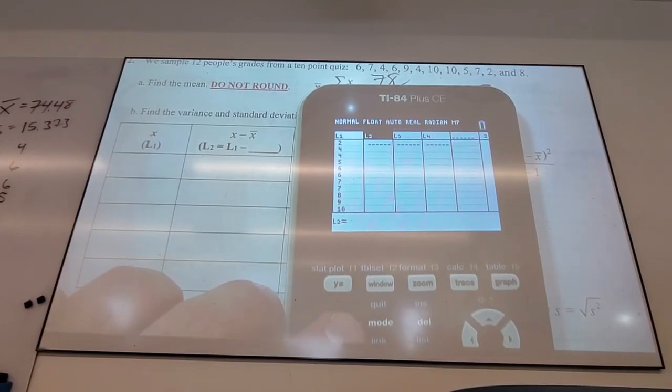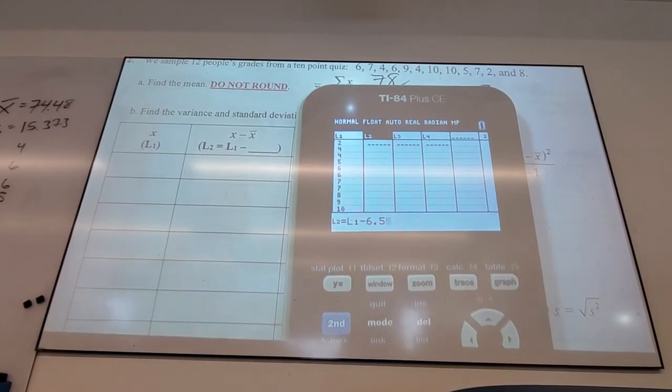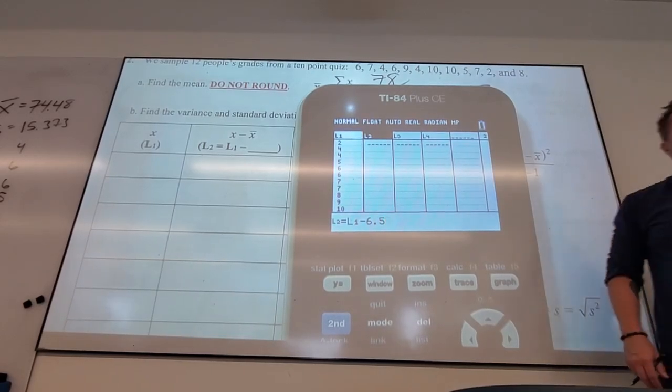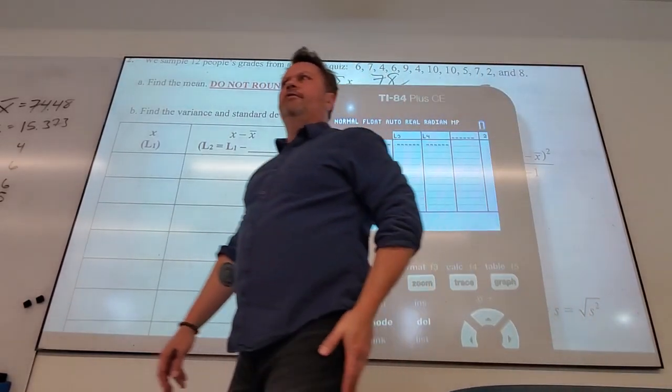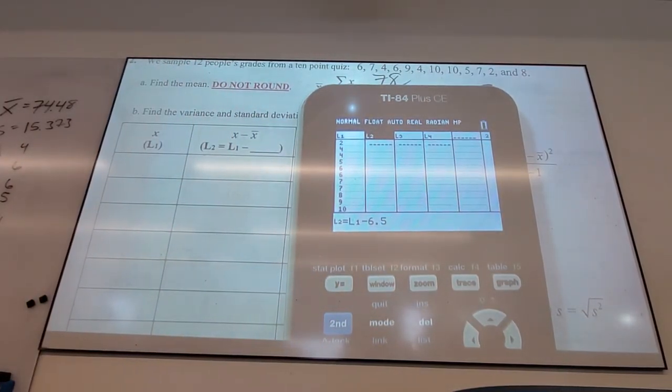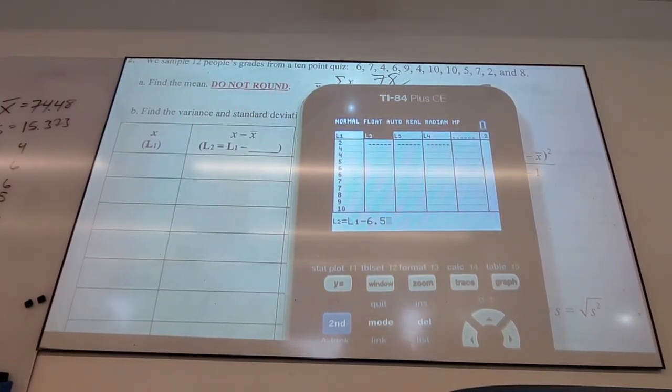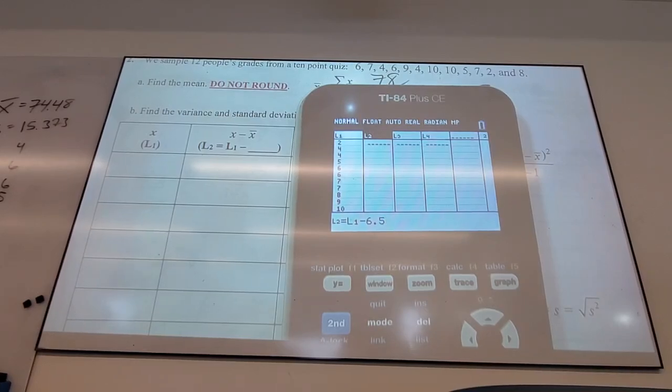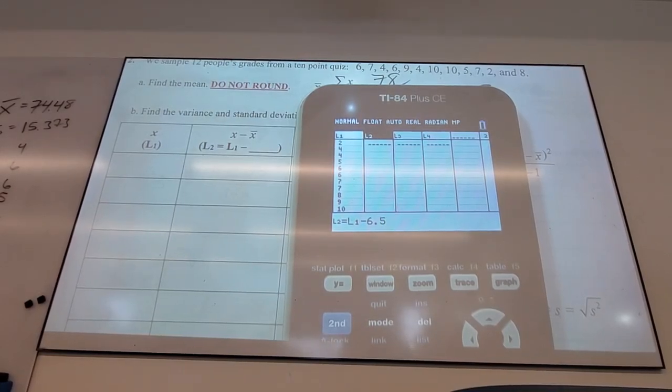I want list 2 to be everything in list 1 minus 6.5, minus the mean. If you've ever used Excel, this should be a little familiar. If you've never used Excel, it doesn't matter. It's pretty straightforward. Oh, it's above 1, so you do second 1. See how it's above 1? Let me know if you have any issues. Make sure you have the list 2 highlighted.